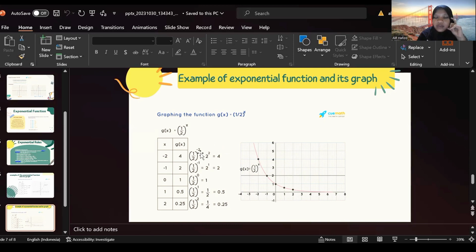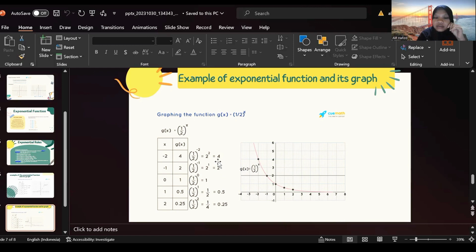We just have to follow the x. Where is the x going? This is (1/2)^x. We change it to (1/2)^-2, so the result is 2 squared, and then we get 4.